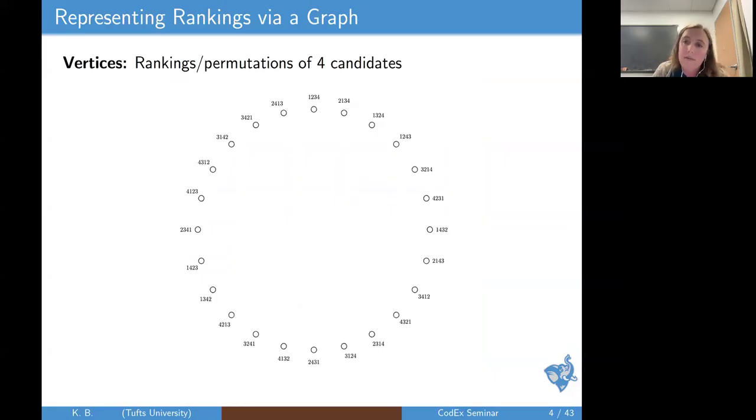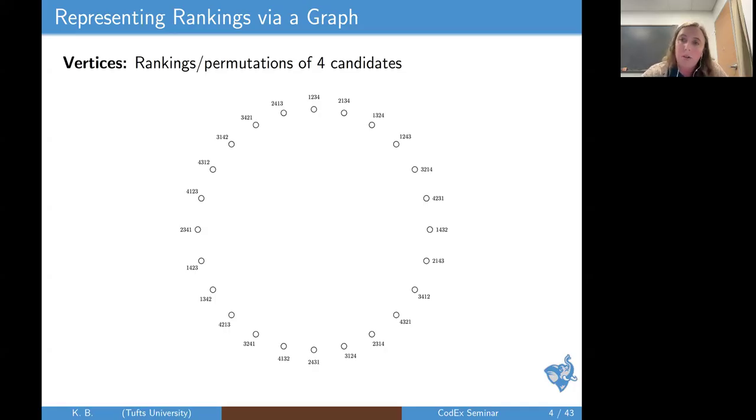In particular, if we have four different candidates, we can think about the different ranked choice votes that individuals will possibly vote for as permutations of 1 through 4. And so we're going to represent those rankings or permutations as the vertices of a graph. So we have 24 permutations of four candidates. So there are our vertices of our graph.